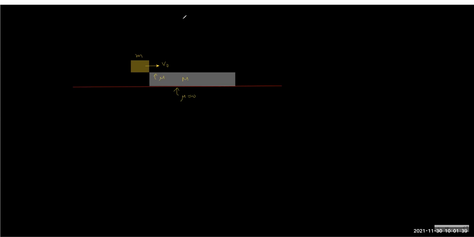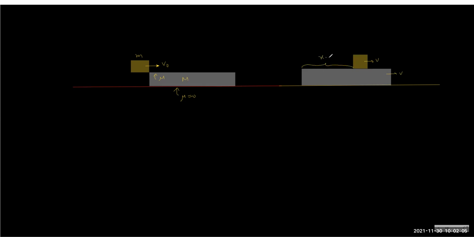So eventually, what will happen is, the two systems will move together, and the block will be at relative rest by displacing some value. I hope you remember this problem. Yes. And the question was, what is this value? What is this x relative?